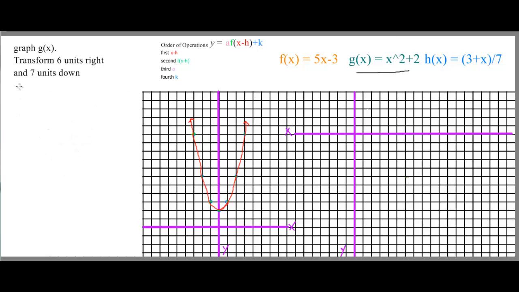Okay, remember our vertex formula. To find the x-coordinate, it's minus b over 2a. And then we simply plug that back into our function to find y. So let's go ahead and get our a, b, and c values.